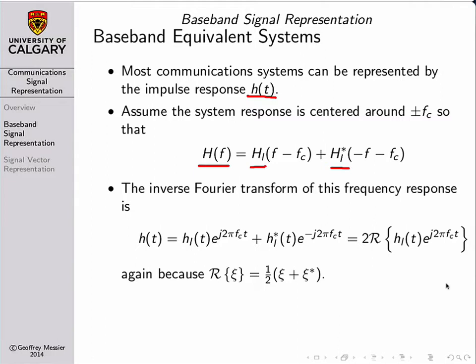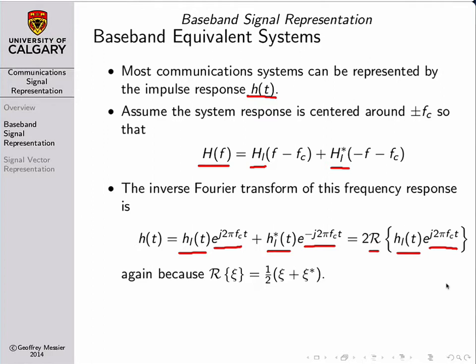And if we take the inverse Fourier transform of this frequency response, we get some time domain response h of l multiplied by a frequency term and a time domain response hl conjugate multiplied by a frequency term, which we can then express as 2 times the real component of the complex system response multiplied by a complex exponential that just contains the carrier frequency.